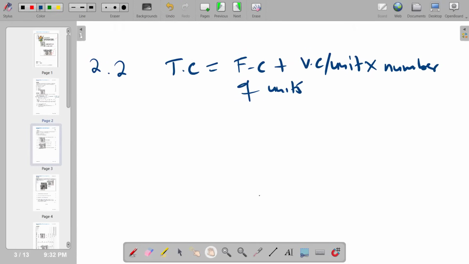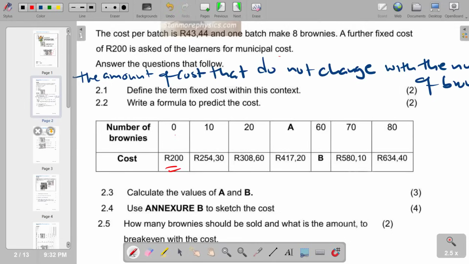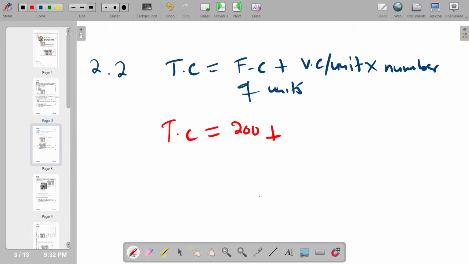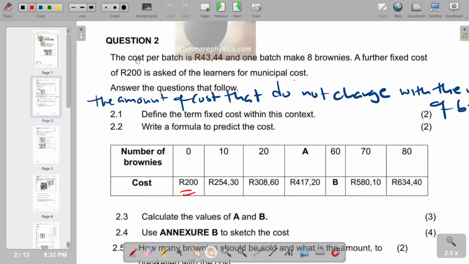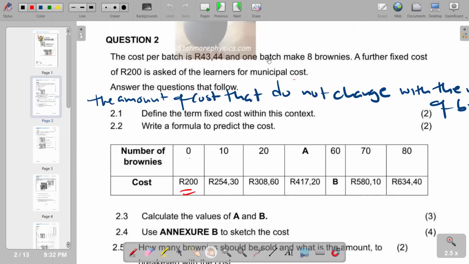According to the information we have, total cost is equal to our fixed cost. Remember, we identified our fixed cost as 200. Then we add the variable cost per unit. Obviously we do not include the fixed costs. At the beginning of the question, they said the cost per batch is 43.44 and one batch makes 8 brownies, and a further fixed cost. So the fixed cost is not inside the 43.44, which is the only variable matching the 8 brownies.